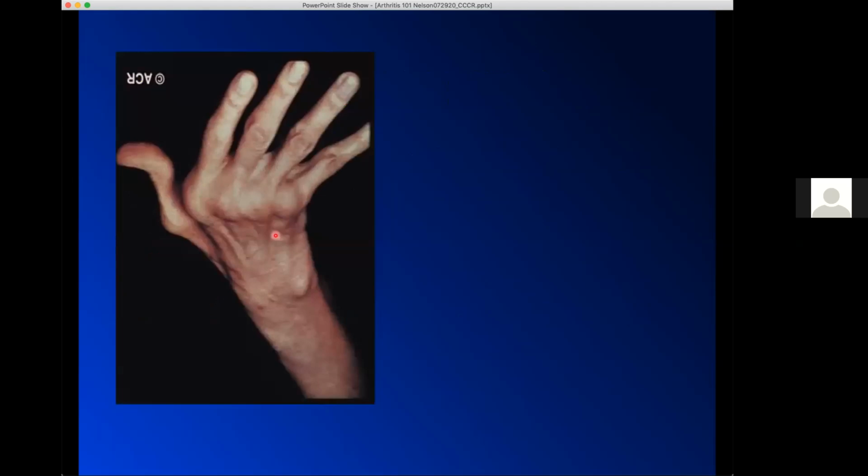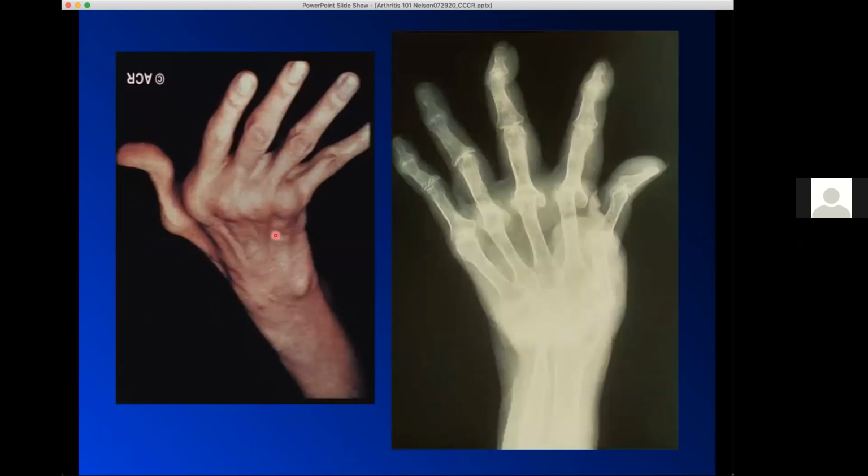This is the same hand flipped over so that I can show you a similar X-ray. If you saw this hand, how the X-ray might look is that those joints are subluxed, meaning they're not aligned and they're sort of overlapping. This one's really not connected anymore. It's very osteopenic. There's a loss of bone density.